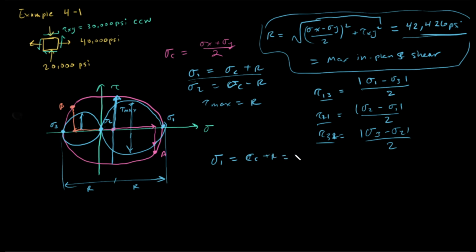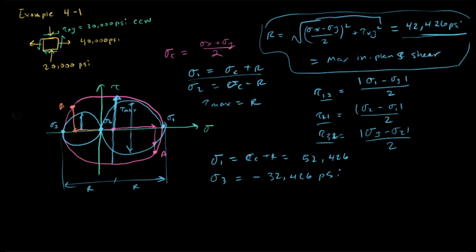And if we work that out, we find that the principal stress sigma 1 is 52,426 and sigma 3 is equal to minus 32,426 psi.